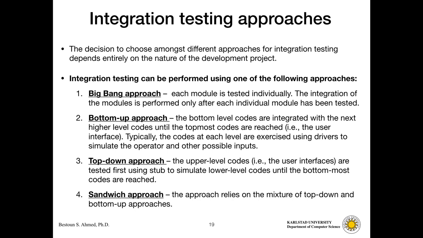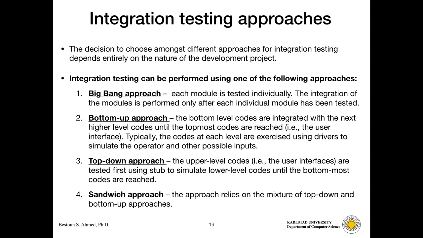The bottom level code is integrated step by step, level by level with the upper level, and then you test, and then with the upper level, and then we test, and then you integrate with the upper level until you get the whole system. And then you have the top-down approach, where you wait for the bigger modules, and you don't need to wait for the small modules, and you replace the small module with a stub, and then you come from the top, you test them.